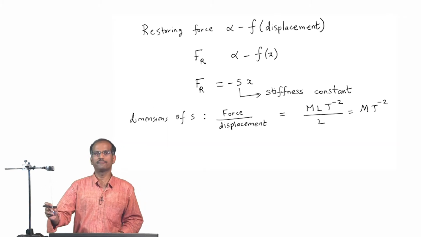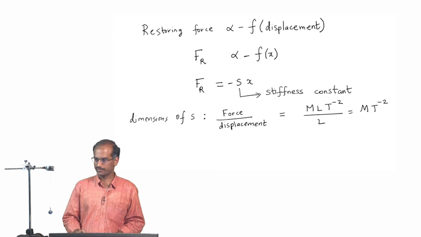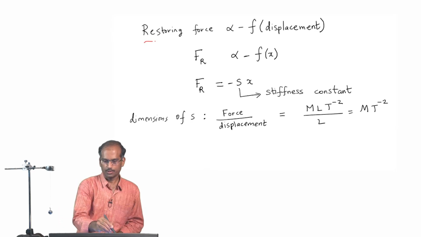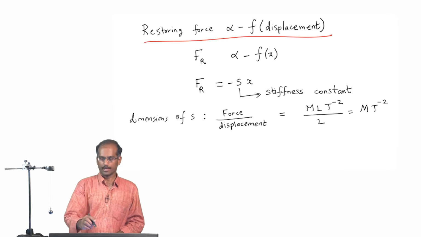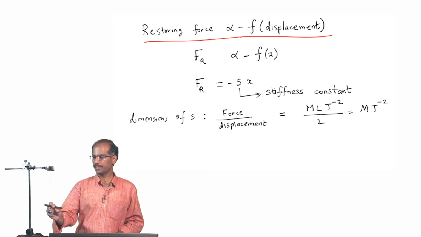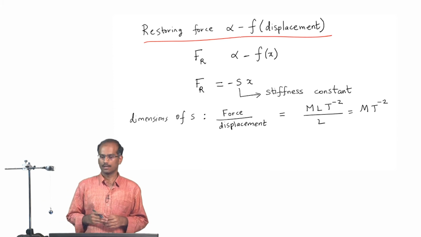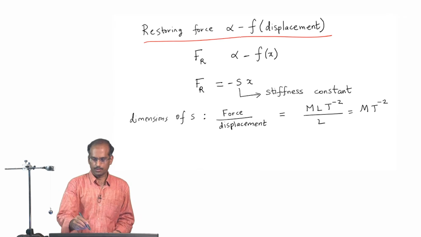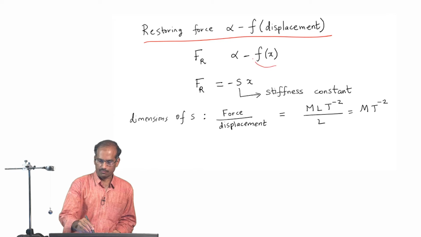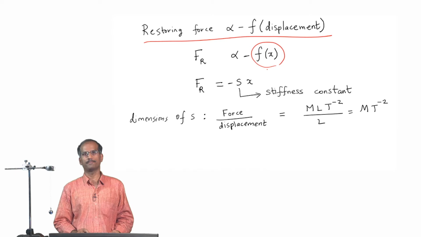Now, we can make the first of our physical ansatz, having been inspired by this physical phenomenon, that the restoring force is proportional to some function of displacement. And the negative sign that you see here indicates that the restoring force and the displacement are oppositely directed.